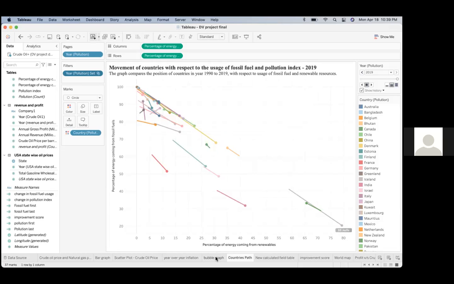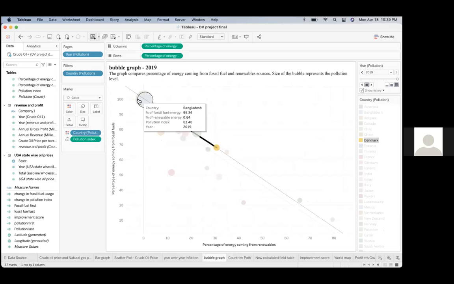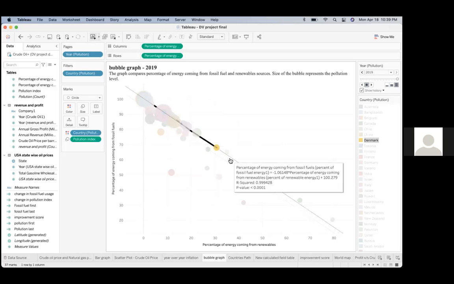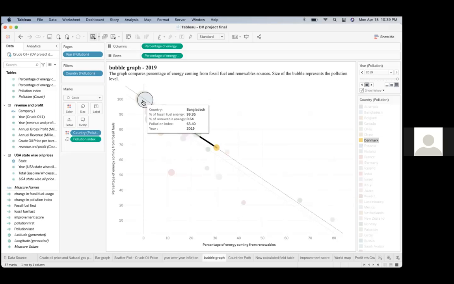There are also some countries that are stagnant from where they were in 1990. For example, Bangladesh, Qatar, and Kuwait did not move in the northeast direction, as they do not have any incentive to move towards the renewable resources.